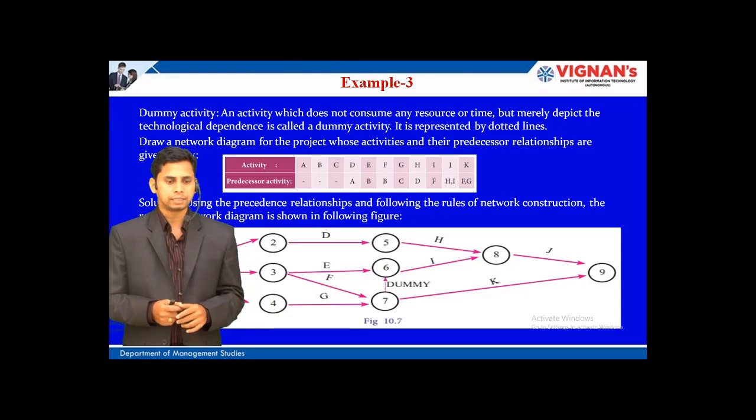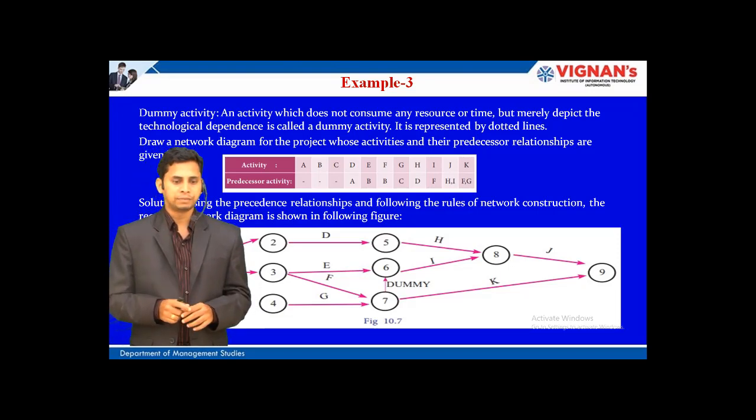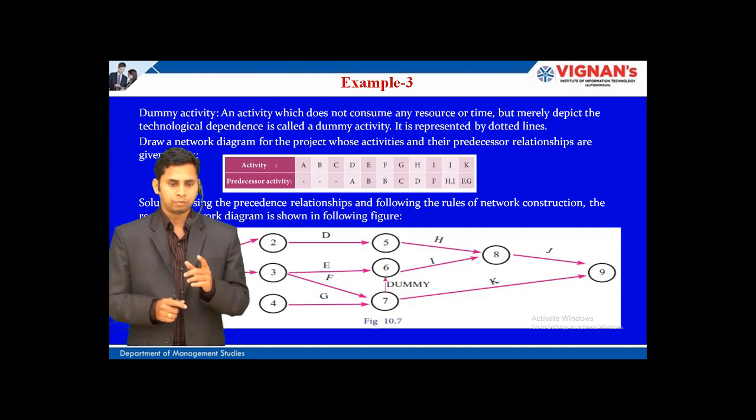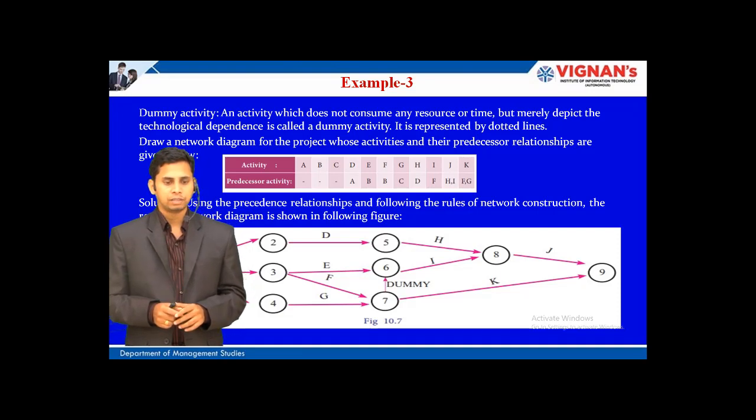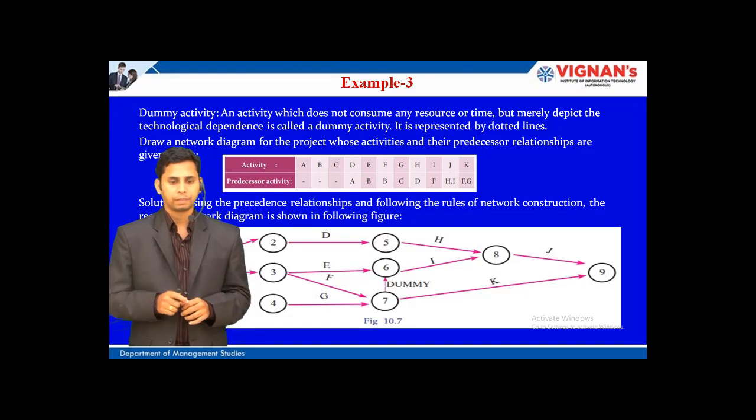At node 6, for drawing activity I, you look at its predecessor. What is the predecessor for I? F is the predecessor. But again, for K there are predecessors F and G. So the F and G combination is required for drawing K.